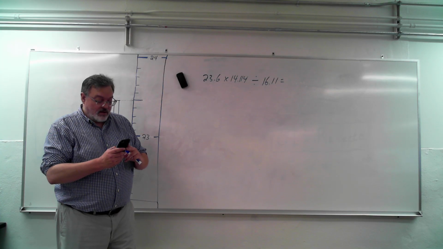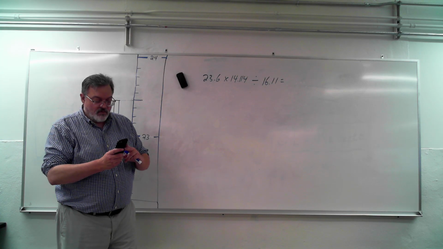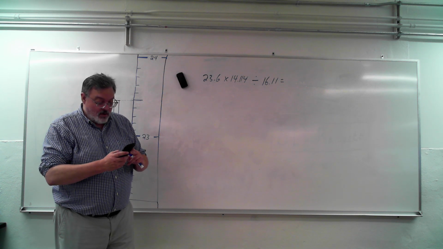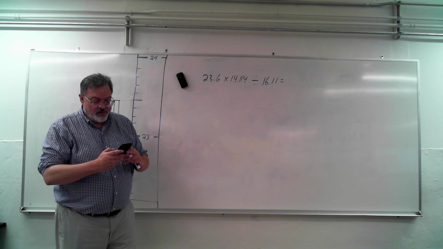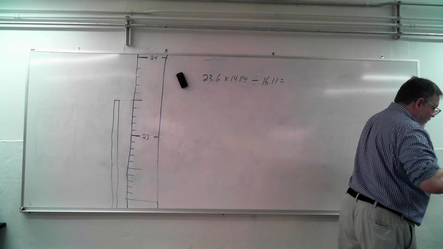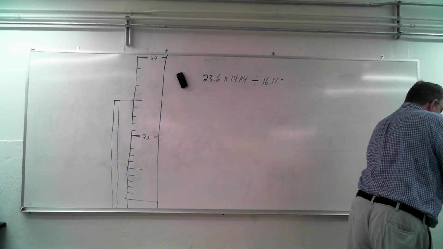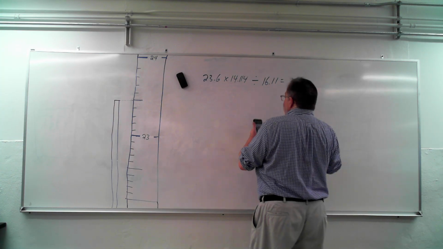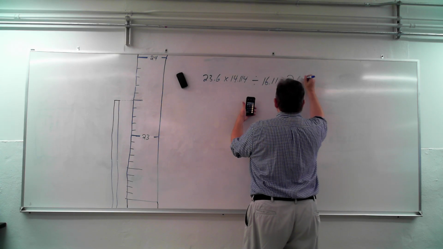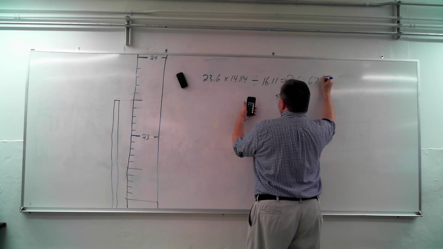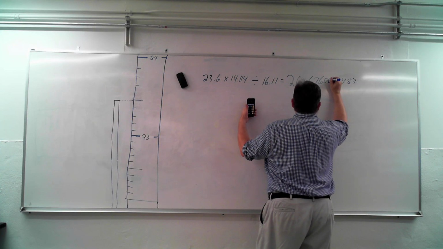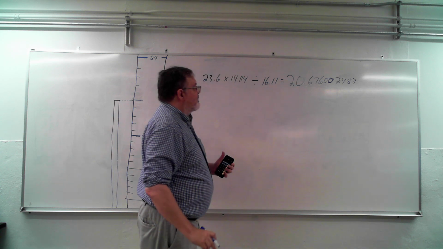23.6 times 14.14 divided by 16.1. All right, my calculator says, and if you have trouble with this, I'll say it again. You should just go ahead and do this step. Write down everything your calculator says. My calculator says, obviously, I'm not using all of those, but it helps to write them down.